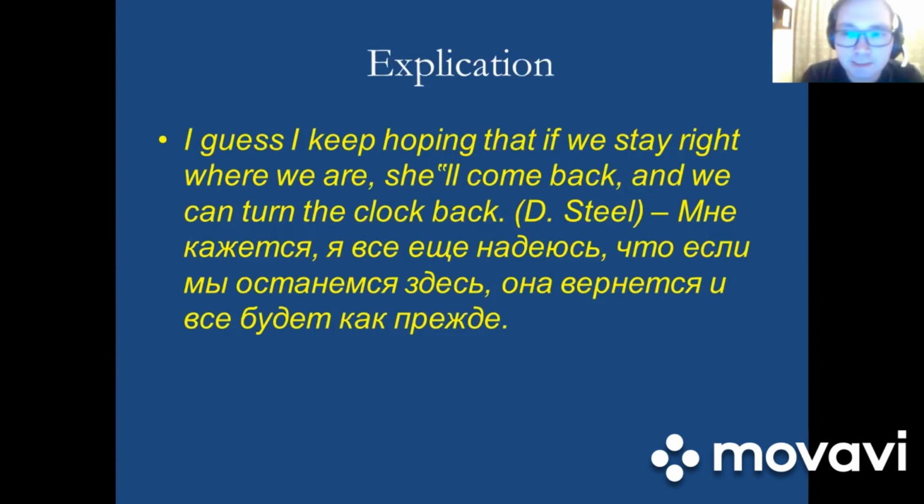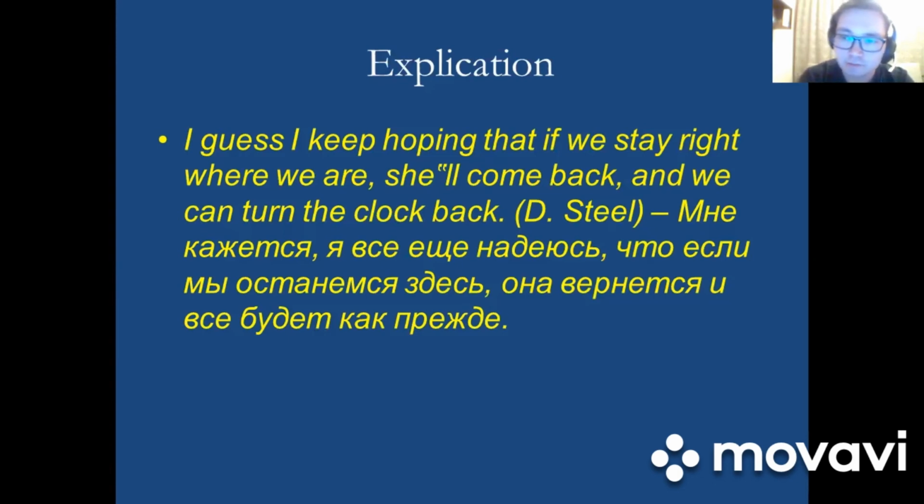Here you can see an example of that. I guess I keep hoping that if we stay right where we are, she'll come back and we can turn the clock back. And translation into Russian is: Мне кажется, я все еще надеюсь, что если мы останемся здесь, это вернется и все будет как прежде.